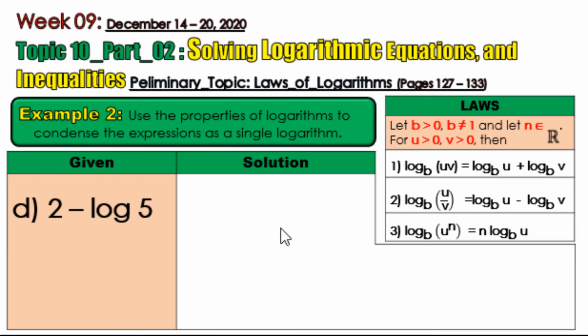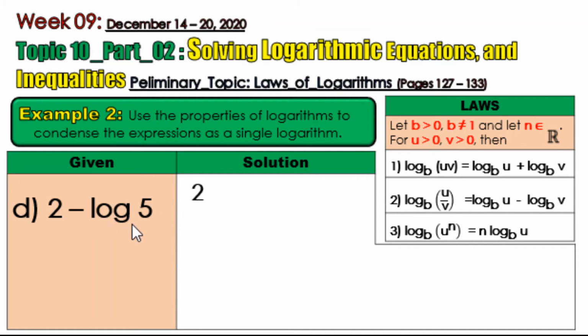Okay, next example, we have letter D, 2 minus the logarithm of 5. Okay, so how can we express this as a single logarithm? Okay, so remember this is 2, and the other part is a logarithmic expression. So first we'll be expressing 2 as a logarithm of a number to the base 10.